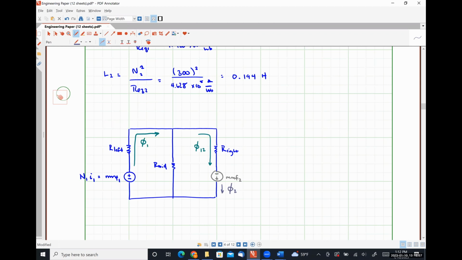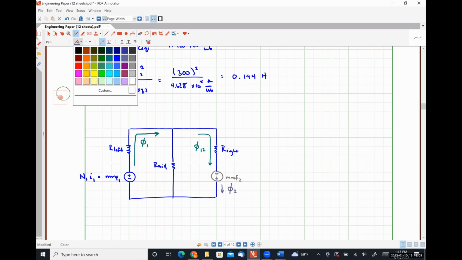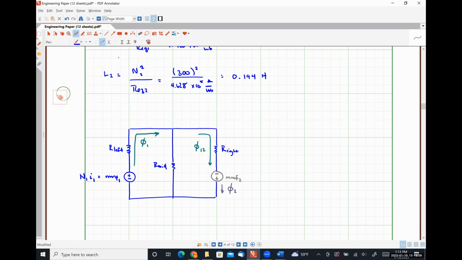So what is that flux 1? It's going to be the MMF divided by the reluctance seen by coil 1, so N1 I1 over REQ1. We already found that.